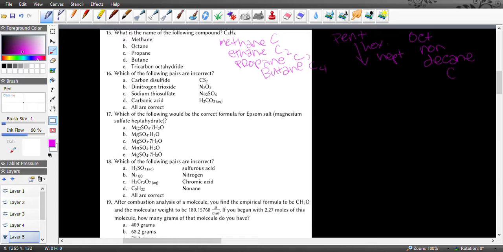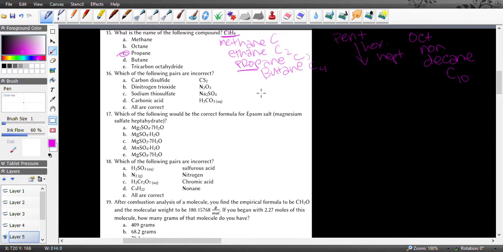This would be C10. If you know the number of carbons and you recognize that it's only carbon and hydrogen, you'll know it's a hydrocarbon. So in this case, 3 of them, propane. So 15 should be C, and it is.